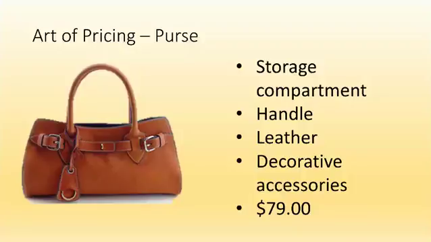It's made of leather, so it's a durable product and attractive in its appearance. There are some decorative accessories. It's lined with a little belt and belt buckles on it. Some other accessory there that looks like possibly a key ring.